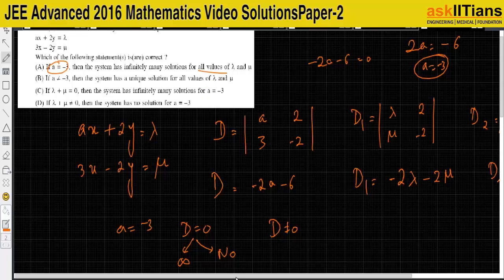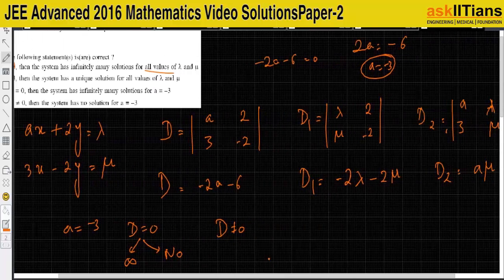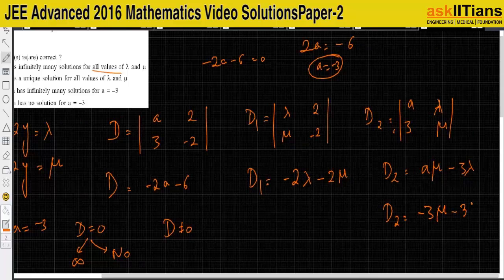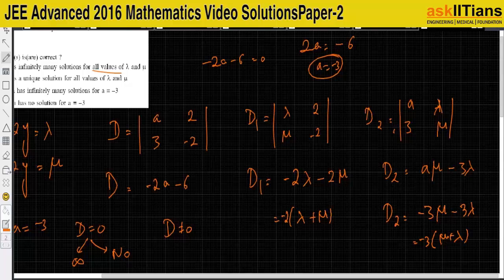Now let's check whether there will be infinite solutions or no solutions. What will be D2? D2 will be minus 3 mu minus 3 lambda. So I am getting D1 as minus 2 times lambda plus mu, and D2 as minus 3 times mu plus lambda. So if A is minus 3, in both of them I'll get lambda plus mu.